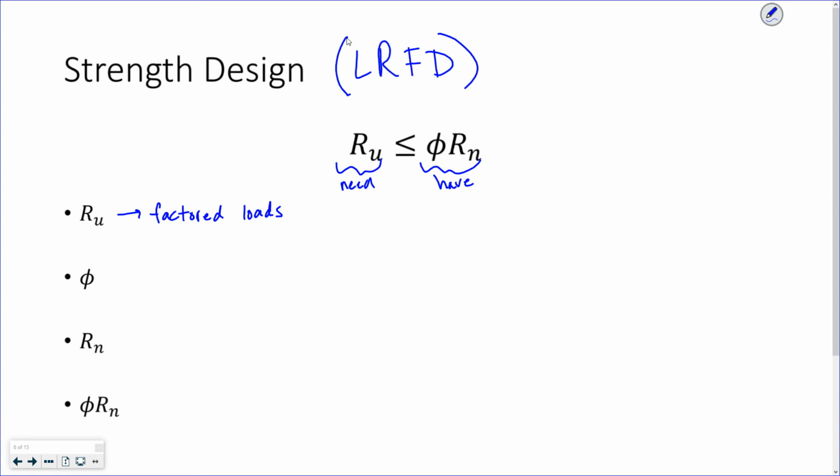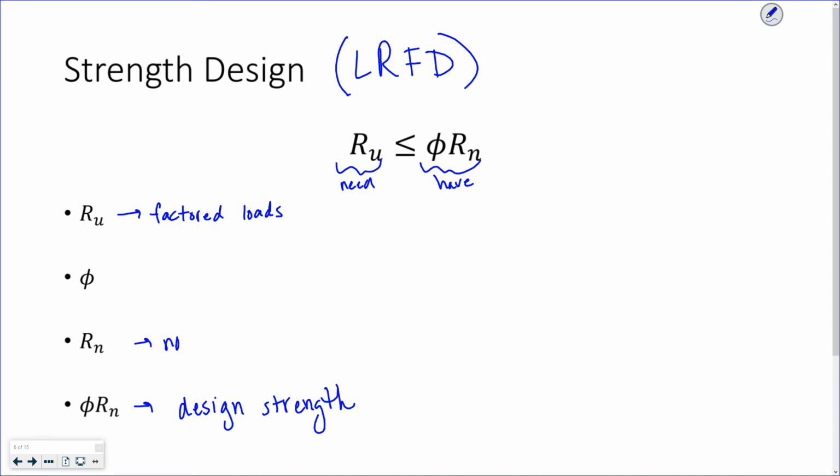We need to be able to hold a certain amount of load. We have a certain amount of ability to do that. So on the left side is our factored loads. That's what we need. On the right side, we have our design strength, our phi RN. And RN is just a placeholder for a different type of strength, right? Like MN for a moment flexural capacity, PN for an axial capacity. So that's our design strength.